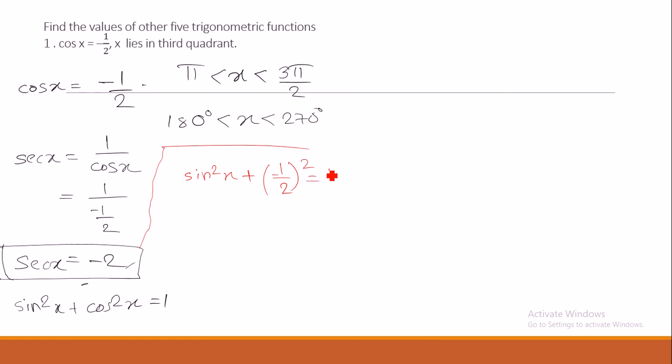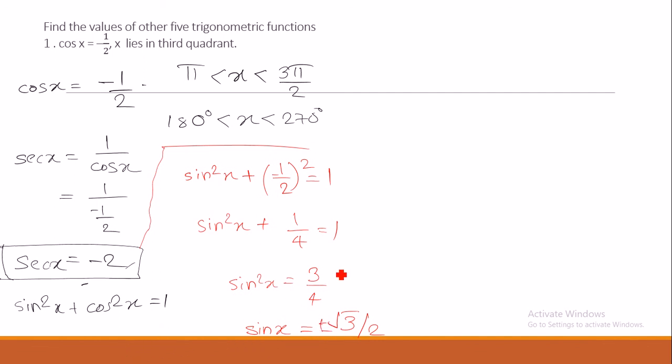Sin square x plus 1 by 4 is equal to 1. Sin square x is equal to 1 minus 1 by 4, which is 3 by 4. So sin x is equal to plus or minus root 3 by 2.